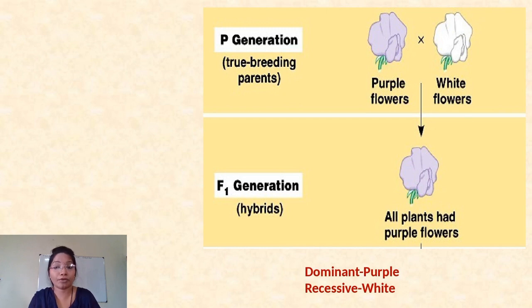So out of the two parents, in the F1 generation only purple flowers are there. Here, purple flower is the character appearing in the F1 generation, so purple flowers are dominant, while the other character, white flowers, does not appear in the F1 generation. So it is a recessive character.